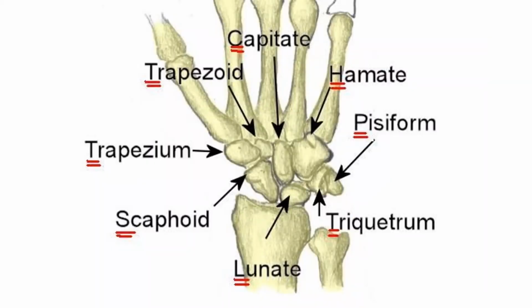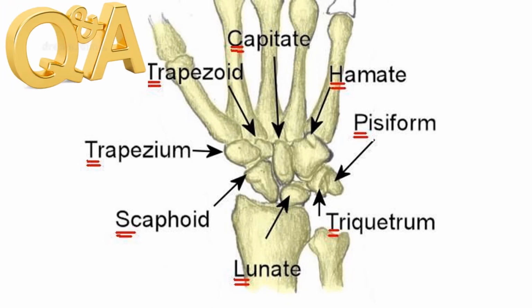What is this view and what are we supposed to know? Few questions about this picture. It's the insertion of flexor carpi radialis, which has two divisions. First, base of second metacarpal, and then base of the third metacarpal bones.